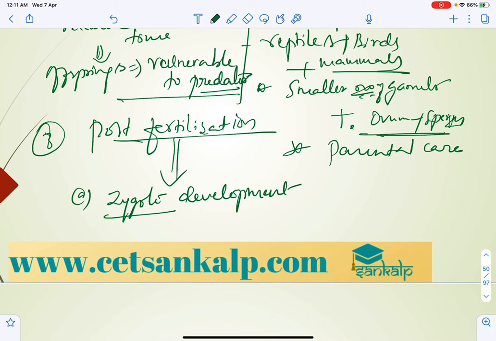In external fertilization, the zygote forms in the external medium, and in internal fertilization, the zygote forms inside the body. The zygote ensures the continuity of species between organisms of one generation to the next.